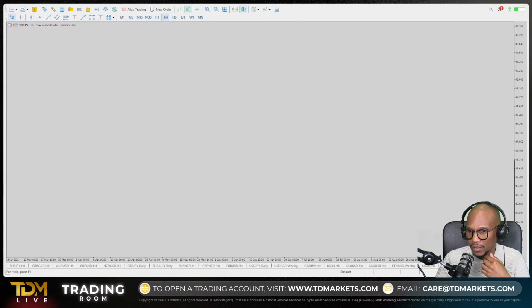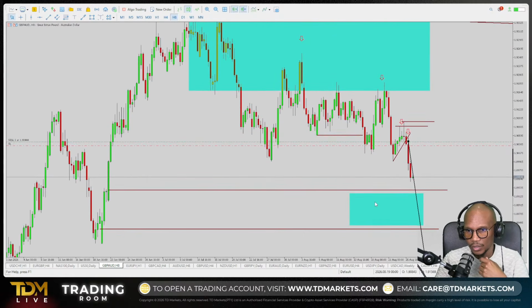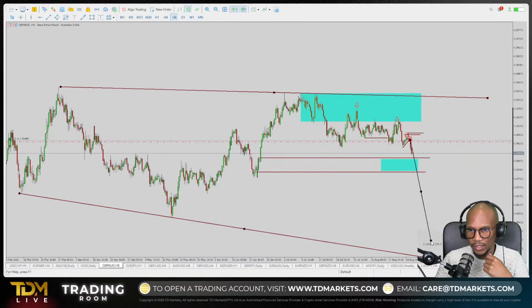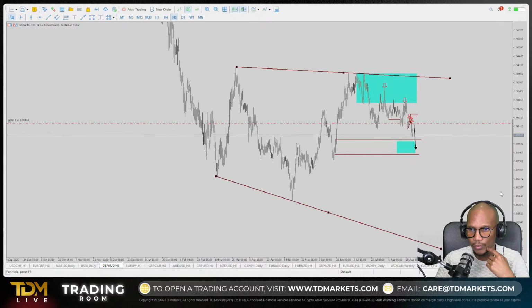GBP AUD is also downside. I'm actually holding a short on GBP AUD. We are taking this one piece by piece. Although, according to the current structure, it can still go down, we're taking it piece by piece.